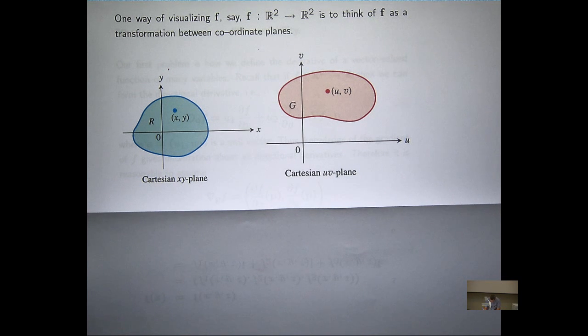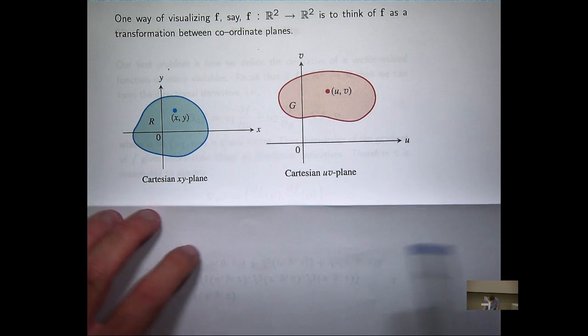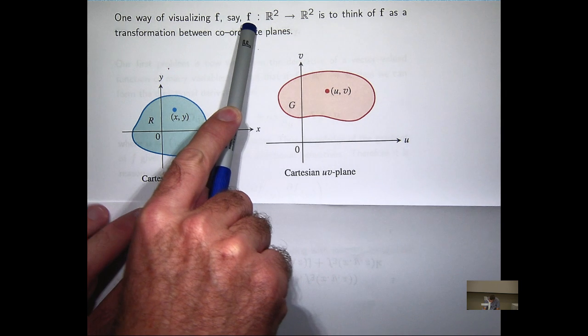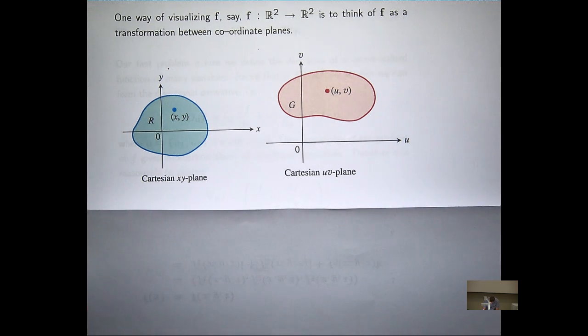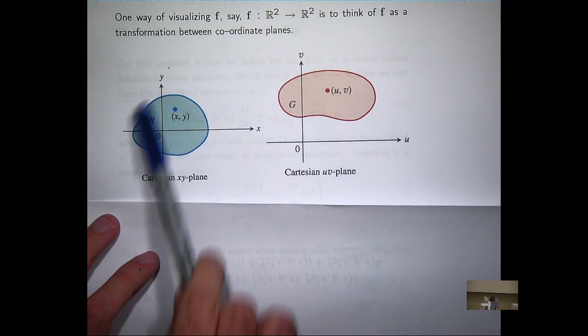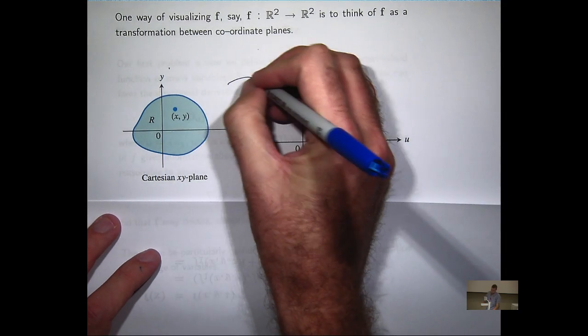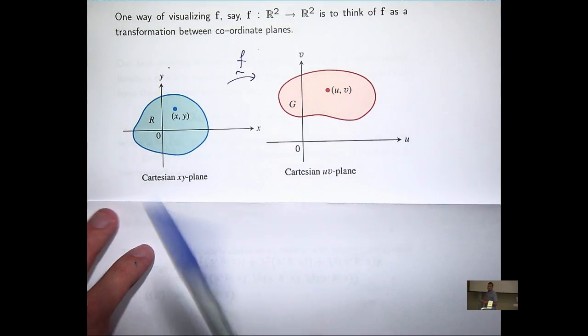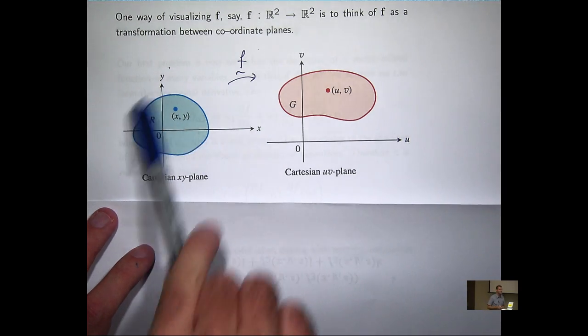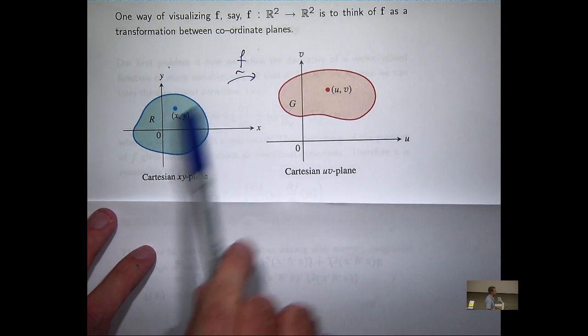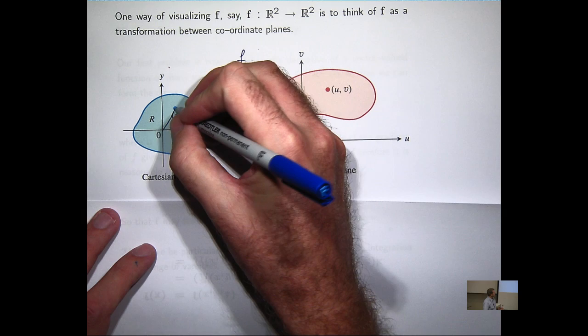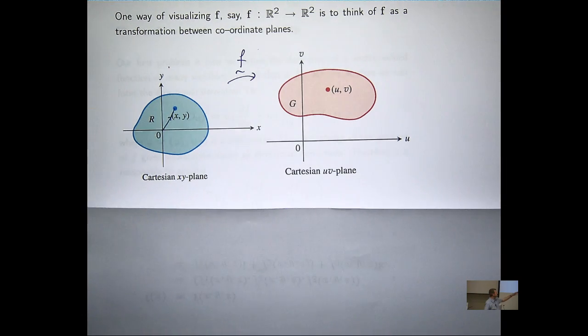Now, what you can do is think of this function f as mapping between two sets of coordinate planes. So you've got points here. Think of this as maybe the domain of f. For each x, y, you've got some position vector associated with it.